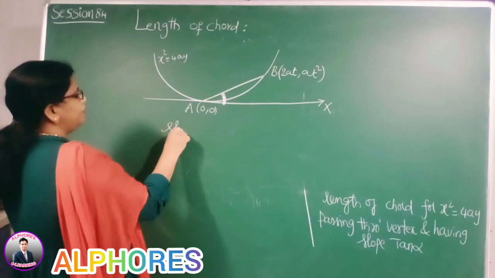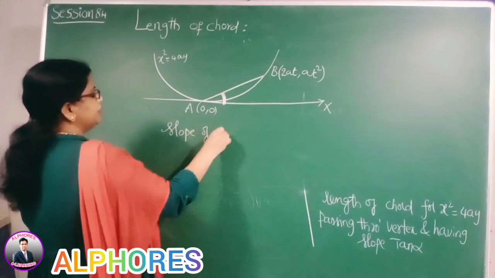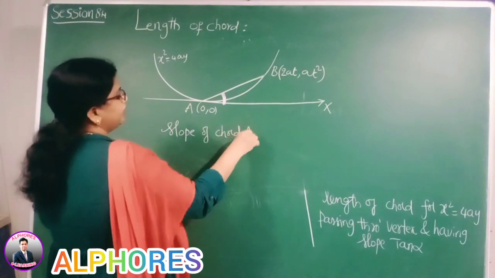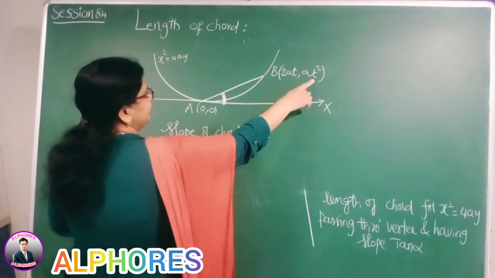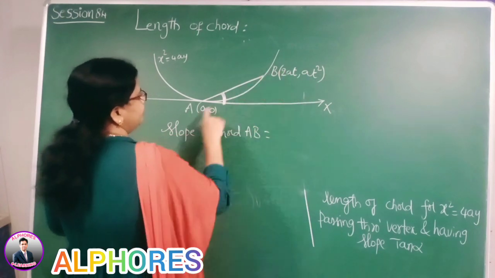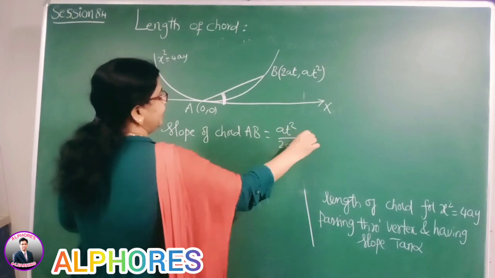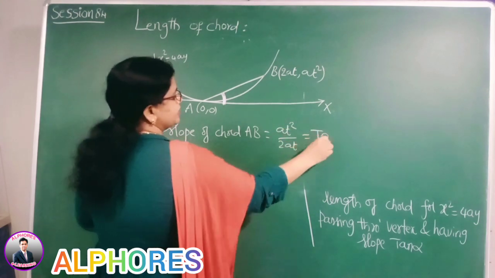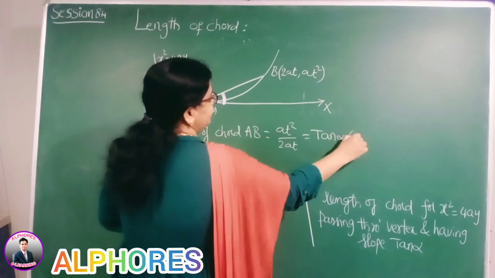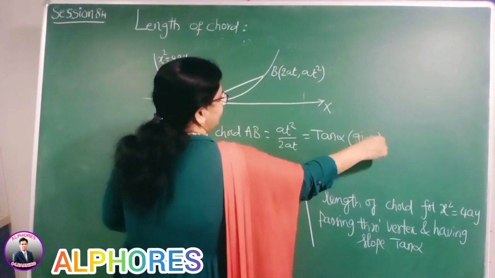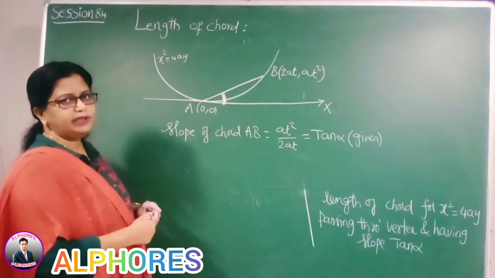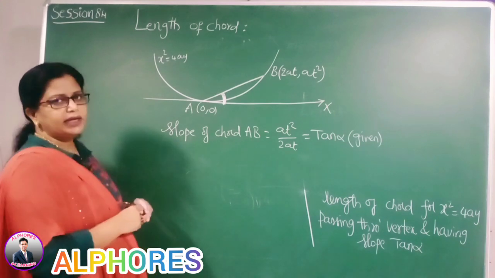So slope of chord AB, according to the formula, is nothing but at square divided by 2at. But what is the value given? It is given as tan alpha. So directly in this problem, the slope of the chord which is passing through the vertex is given directly as tan alpha.